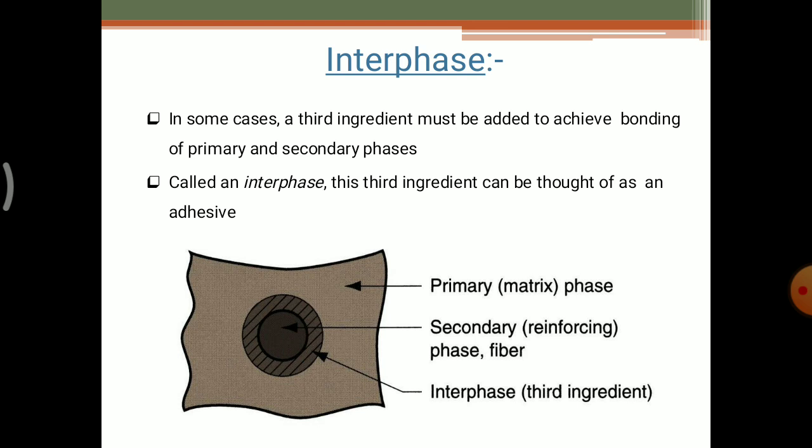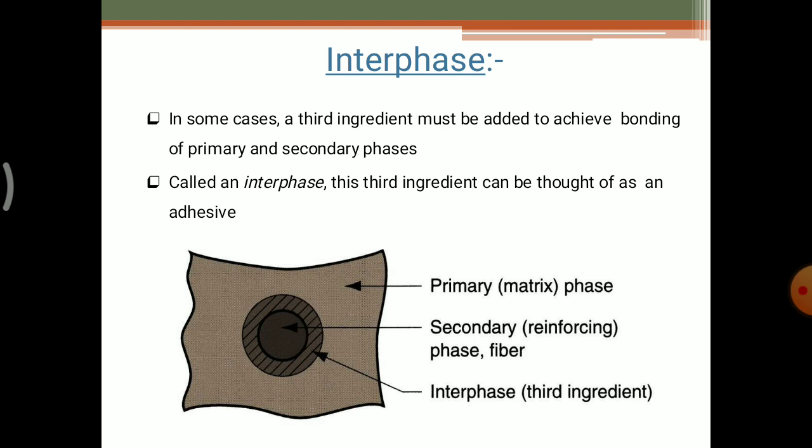Here we can see the darker color as the secondary phase, that is the reinforcement phase, where we are adding the fibers as reinforcement. The interface is on the topmost layer of the secondary phase, which is thick in color, where we are adding the catalyst as a third ingredient.